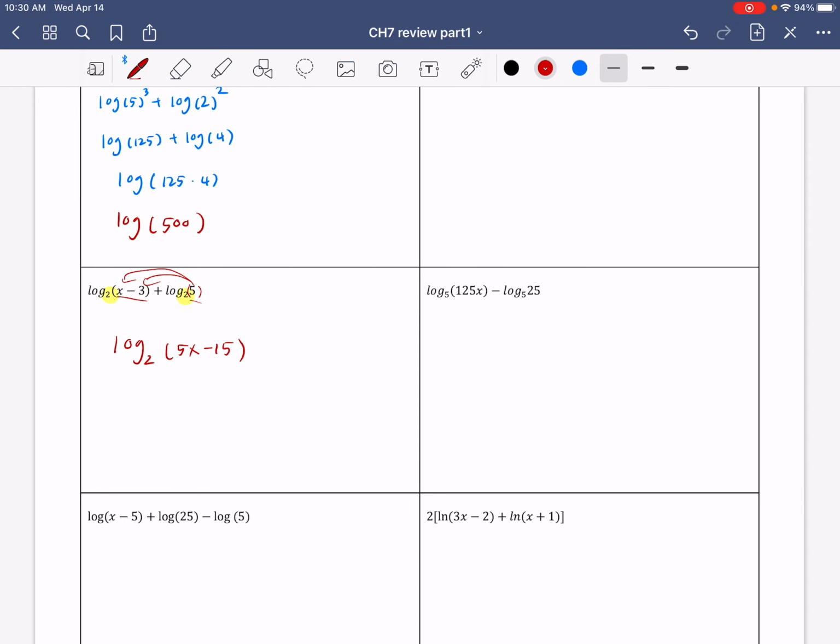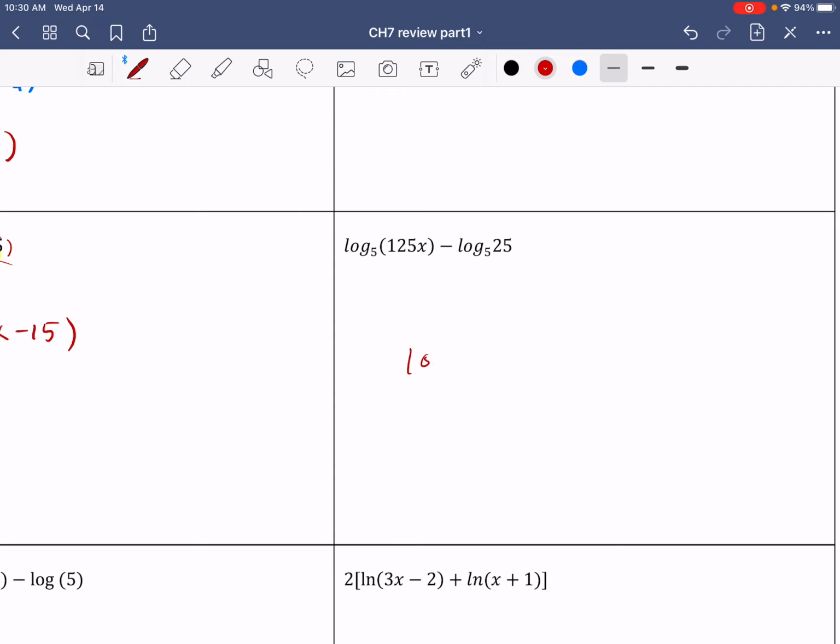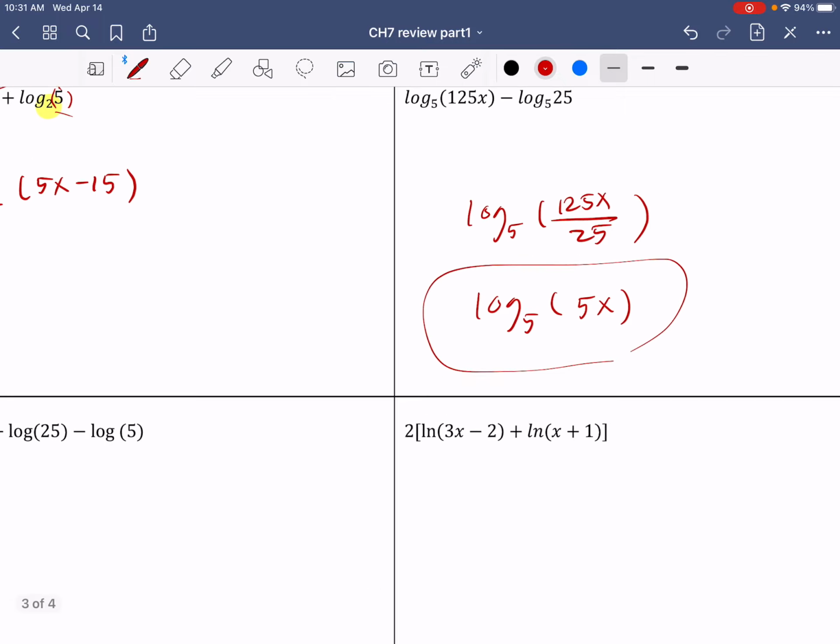Now try the question on the right by yourself. That's what you're supposed to have. And if you simplify, 5x... Oh, yeah, and you can go further, but you can stop it here, okay?